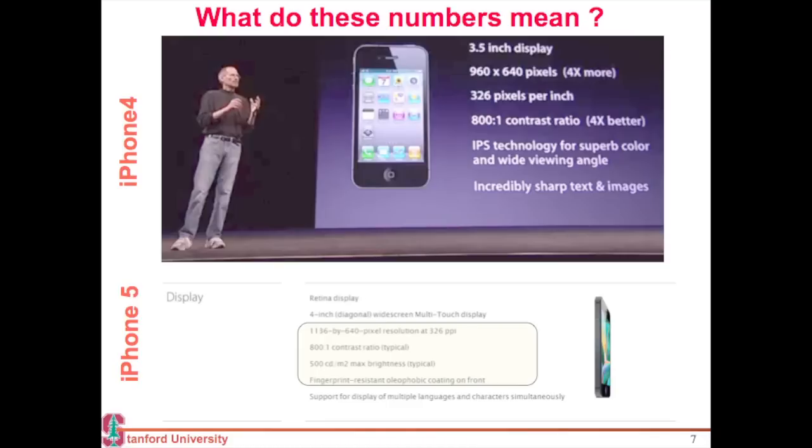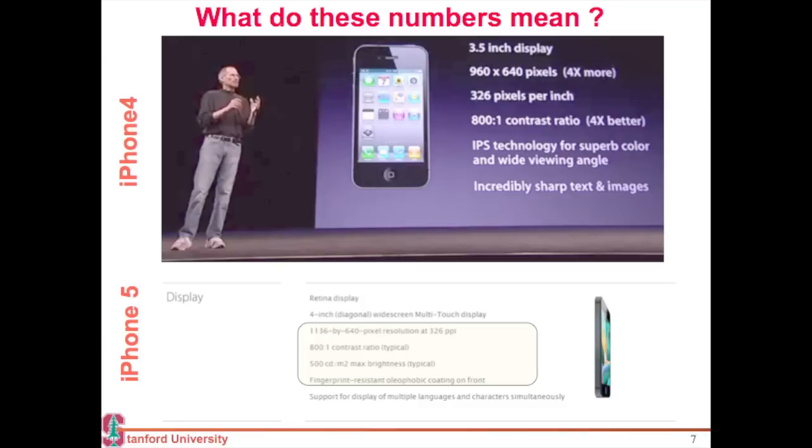Also, if you follow some of the product announcements, you'll see terms like these being thrown around. For example, this is the iPhone 4 announcement. It says it has 4x more pixels than the previous generation. The pixel density is 326 pixels per inch. The contrast, it says, is 800 to 1.